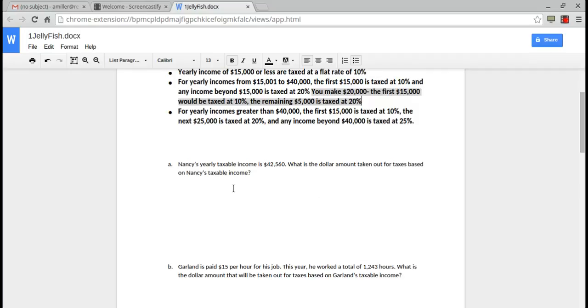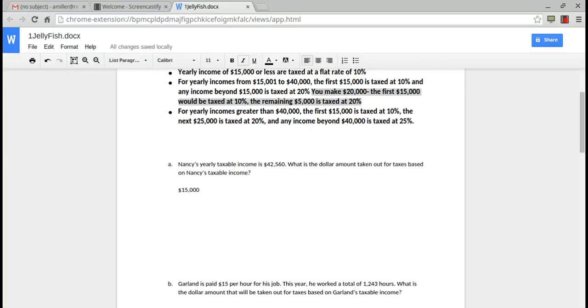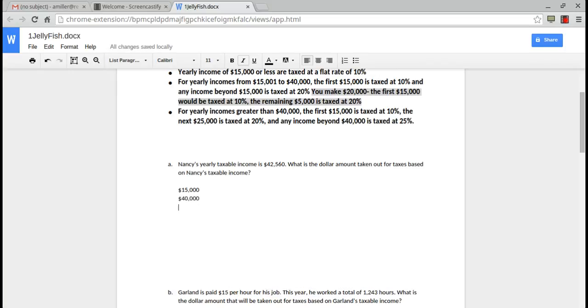So part A: Nancy's yearly taxable income is $42,560. What is the dollar amount taken out for taxes based on Nancy's taxable income? First thing I'm going to do is separate this into pieces. I know there's a $15,000 tax mark, a $40,000 tax mark, and then there's a plus 40,000. So we have to look at this.